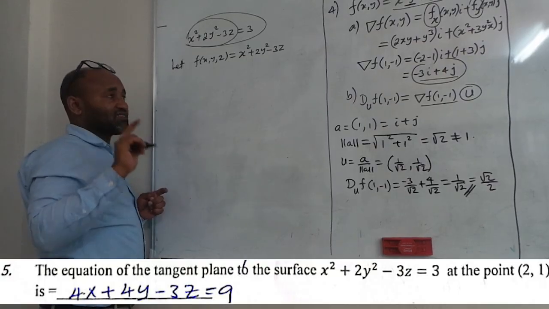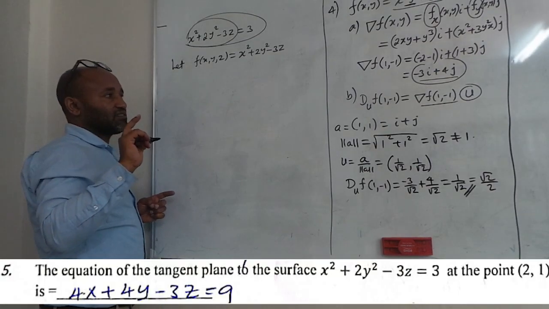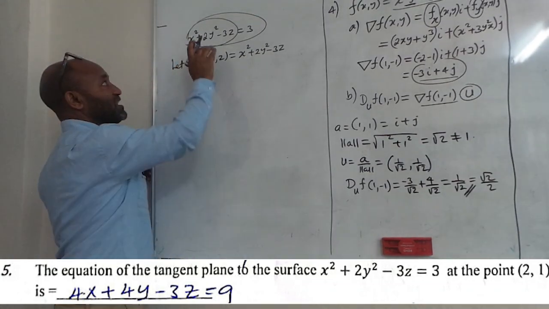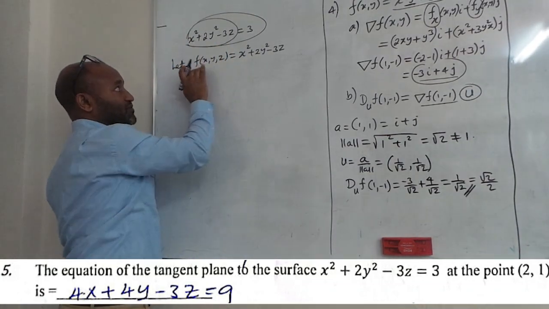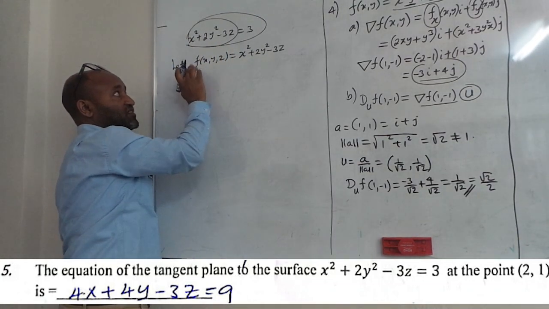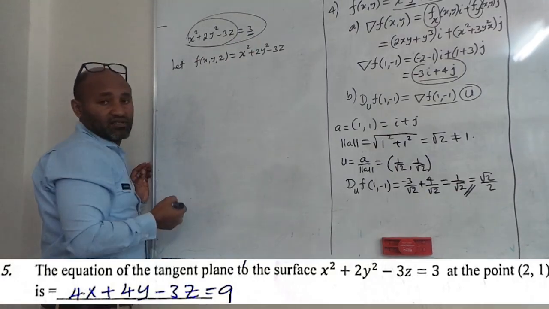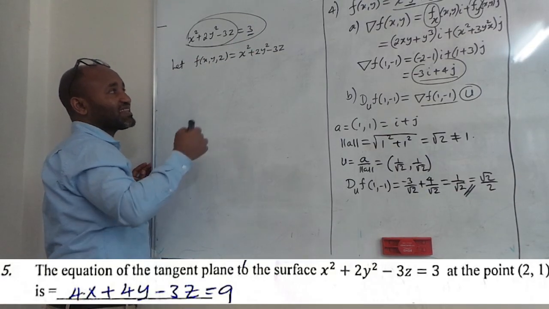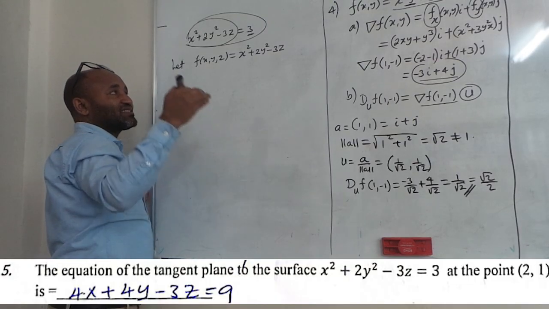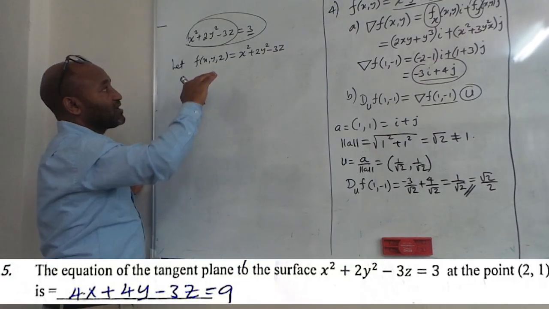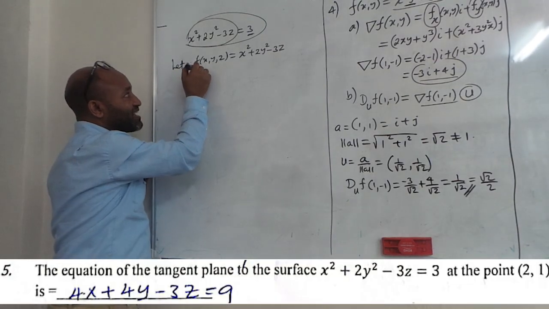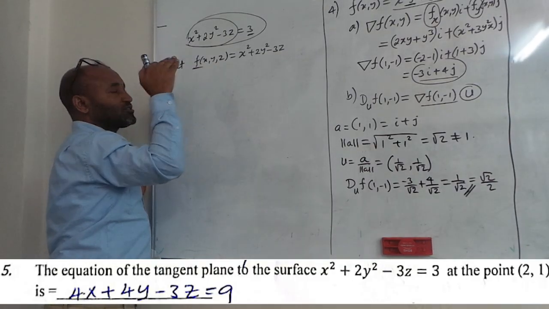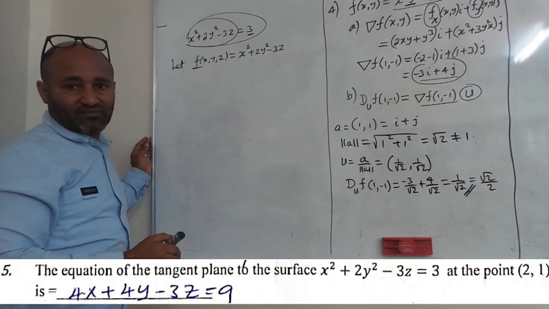Then the theorem says that whenever we consider a level surface of the function f, the level surface where f of x, y, z is 3, in that case, at the given point, the gradient of this function is normal to the surface.